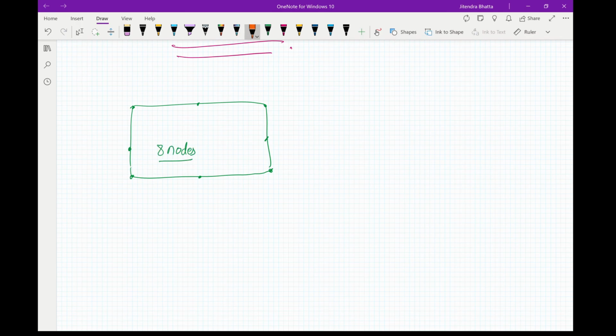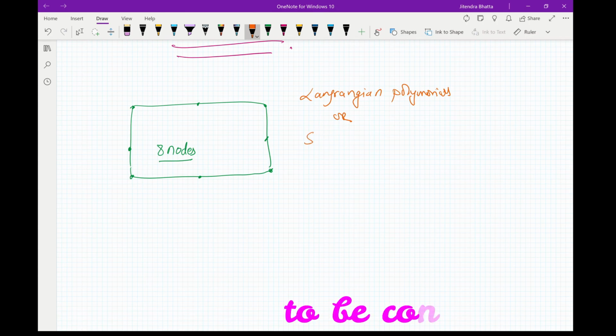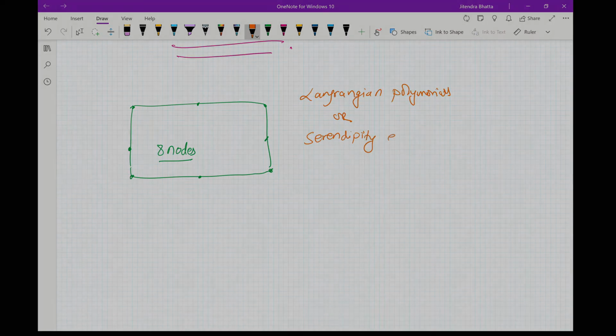What do you do then? So for this, we have to look into the concept of Lagrangian polynomials, or concept of serendipity elements.